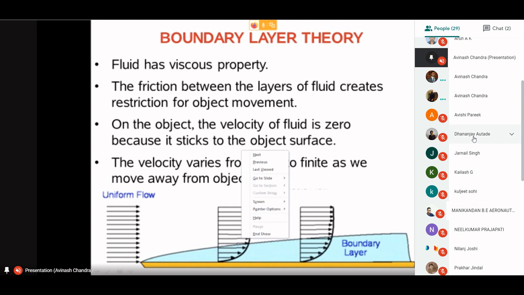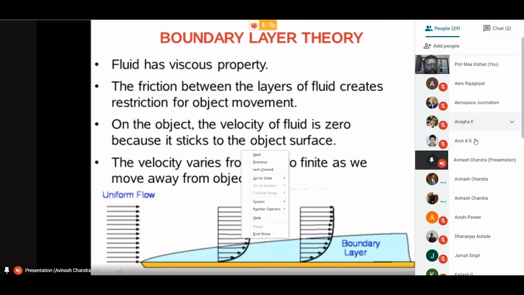So the fluid layer adjacent to the body will stick to the body because of the viscous property. This will have zero velocity whether the body is traveling or stationary, or vice versa. Let's take an example where the body is stationary and the fluid is moving.